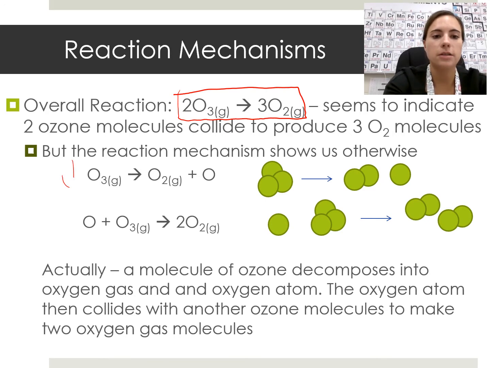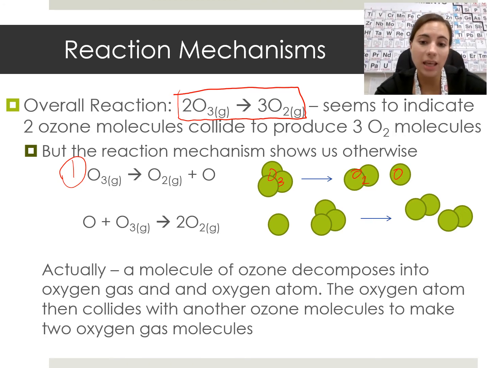In the first step, an ozone molecule decomposes into an oxygen gas and a singular oxygen atom. Then that oxygen atom collides with that second ozone molecule to form 2 additional oxygens.